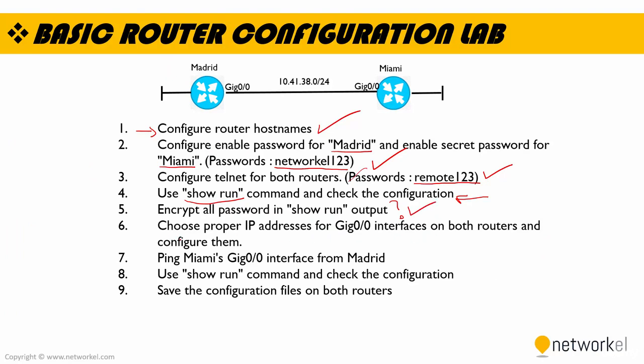Now in the 6th step, choose proper IP addresses for GIG00 interfaces on both routers and configure them. And let's first choose proper IP addresses for the interfaces.